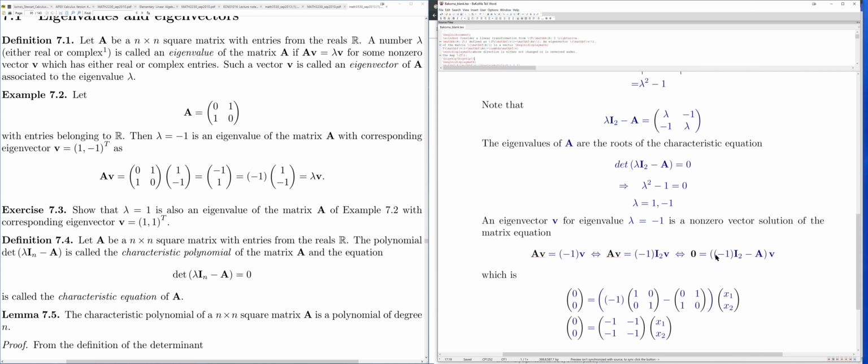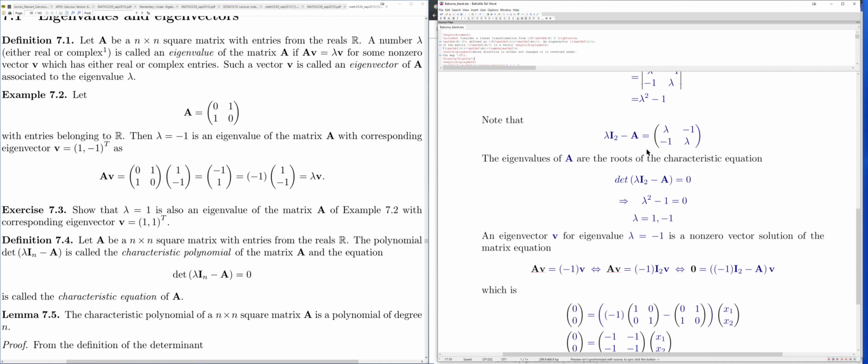The point is this expression, minus 1 I2 minus A, I can get from lambda I2 minus A by putting in lambda equal to minus 1. When you're doing these calculations by hand, it's a useful shortcut in your working, because you would have worked out what this is already to get your characteristic polynomial and your eigenvalues.